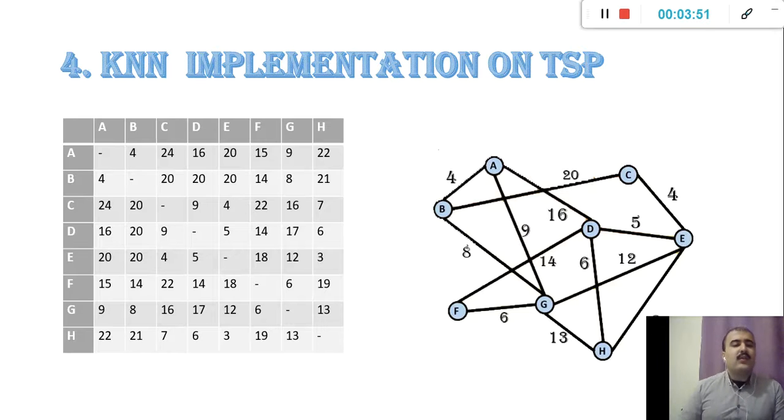If we take column A, the smallest value in that column is 4, with B. So from A we go to B, and from B we remove the value of A because we took it before. From B, the remaining shortest path is G, equal to 8, and so on.